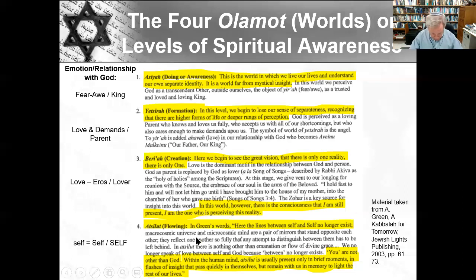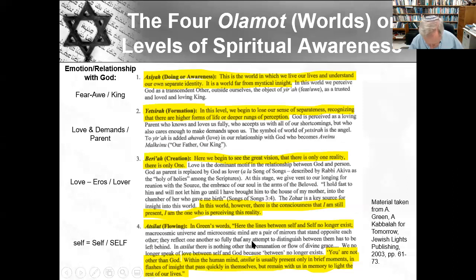And in the highest level, Atzilut, here from Arthur Green: Here the lines between self, small s, and Self, capital S, no longer exist. So in that chart I showed last week, there is no distinction between anything and God. Everything is all God all the time.